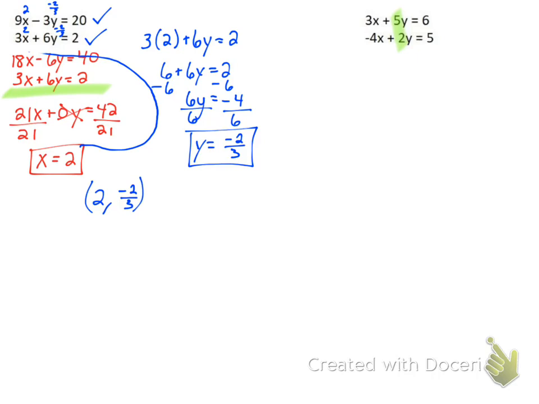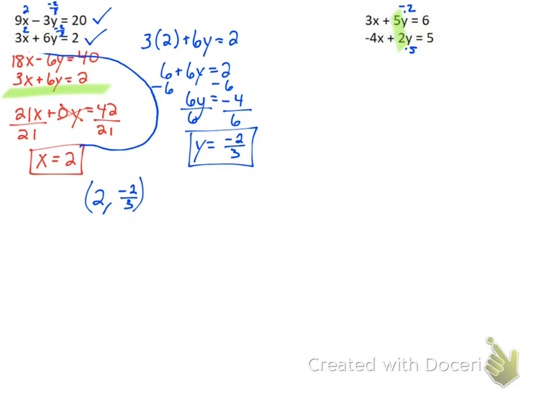An easy way is by finding the least common multiple, which is just thinking about a number that I can multiply both of them by to get the same number. If I multiply the top by 2 and the bottom by 5, I would get them to both be 10s. They would both be positive 10s, so I'd have to make one a negative.